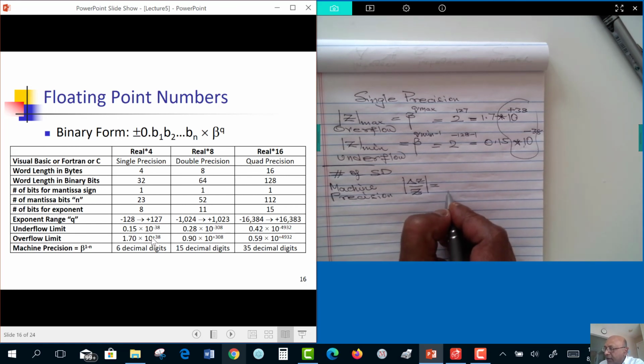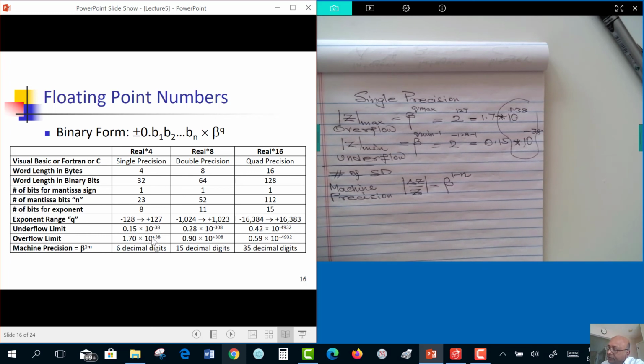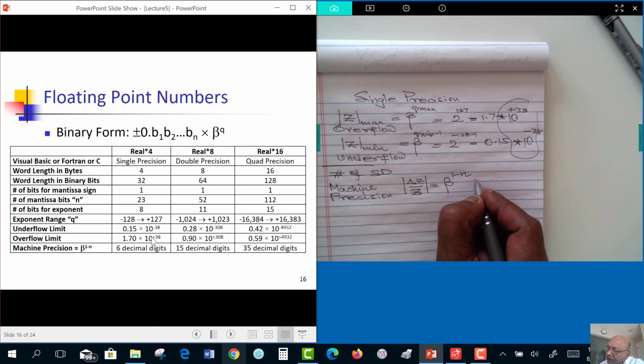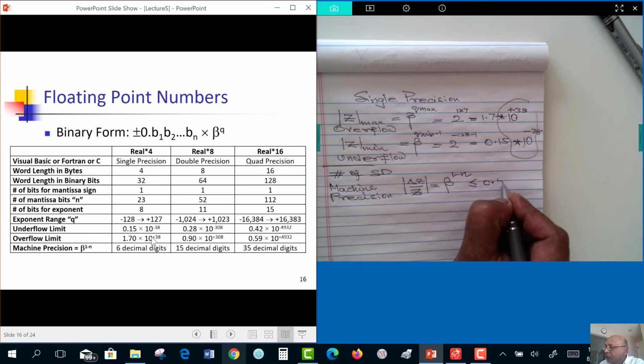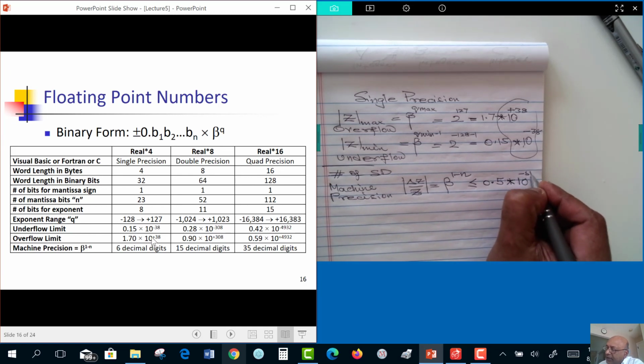So this relative error bound is beta to the power 1 minus n. In our case, we assume the machine is a rounding machine, even though real machines are actually truncating machines. We compare it to 10 to the minus SD, right?